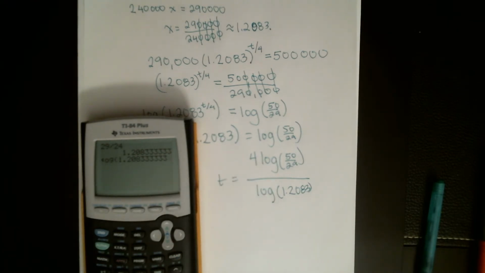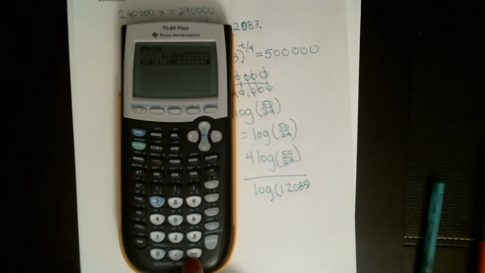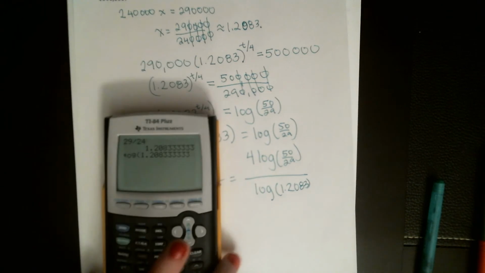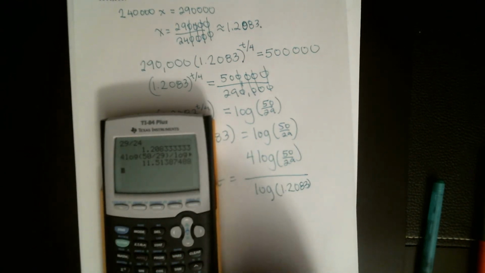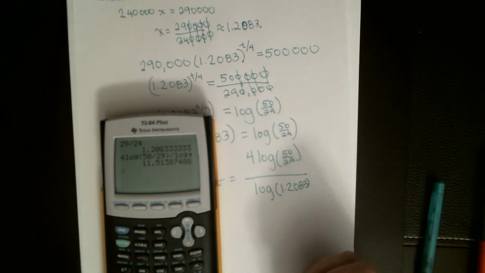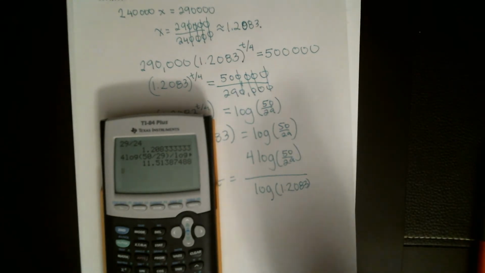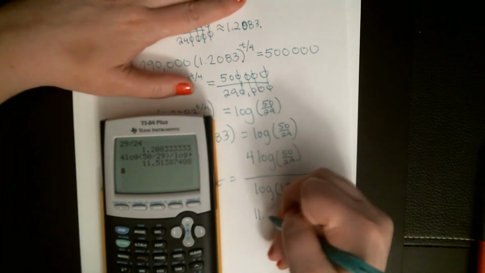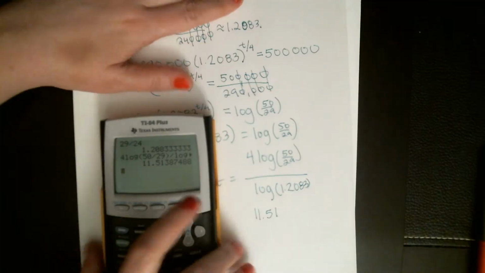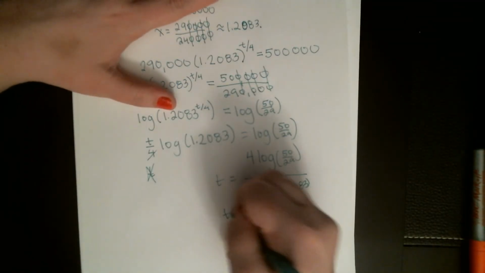If your calculator won't let you arrow up, you could try second and then the minus sign on these TIs, which gives you ANS, previous answer. Otherwise, you can type in the 1.2083. We're just trying to save up our rounding error as much as possible. So I got about 11.51.